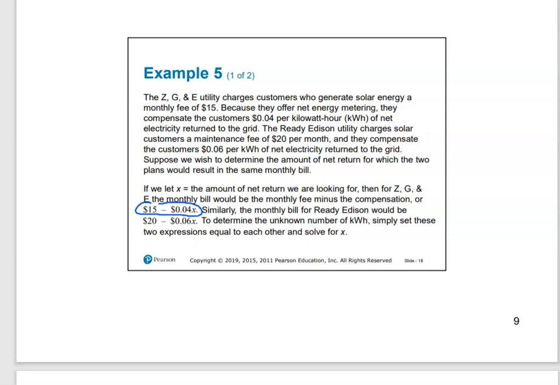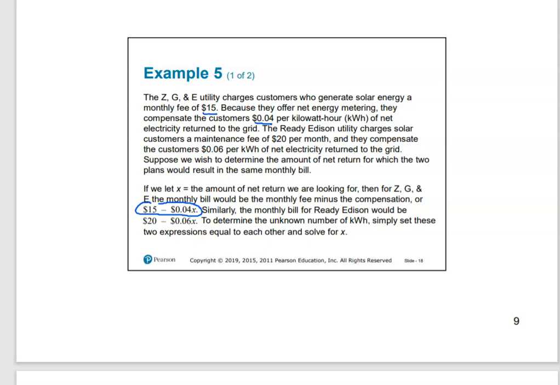15 minus 4 cents times x. Okay, so when we look up here, we can see that the customers are going to be charged a monthly fee of $15 if they generate energy. Because they offer net energy metering, they compensate the customers for 4 cents per kilowatt hour.